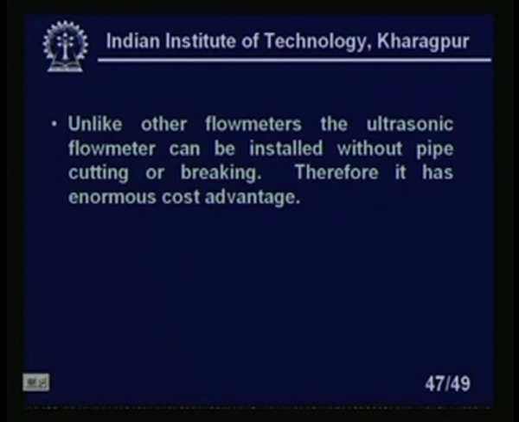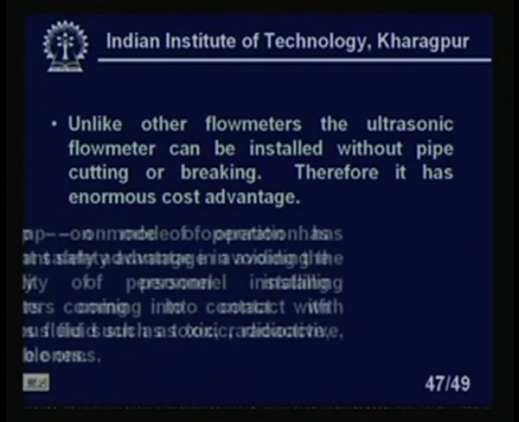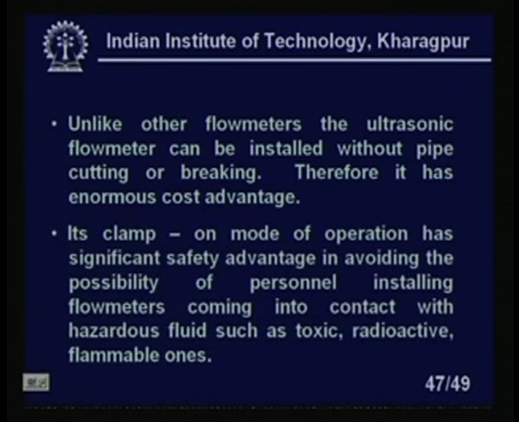The cost is also there. Its clamp-on mode of operation has significant safety advantages in avoiding the possibility of personnel installing flow meters coming into contact with a hazardous fluid such as toxic, radioactive and flammable ones. If you have that type of liquids flowing through the pipe, the person who is working on this, it is also advantageous.